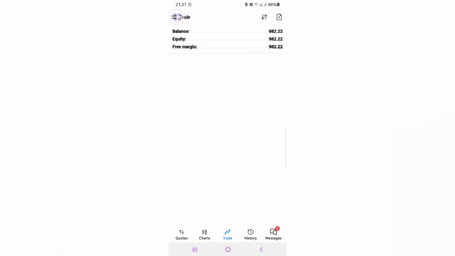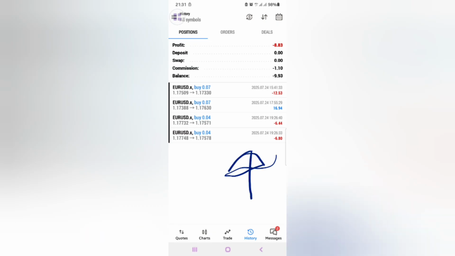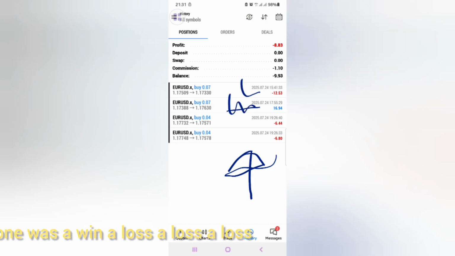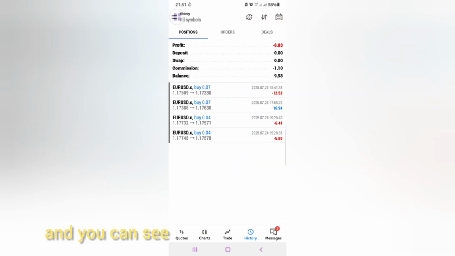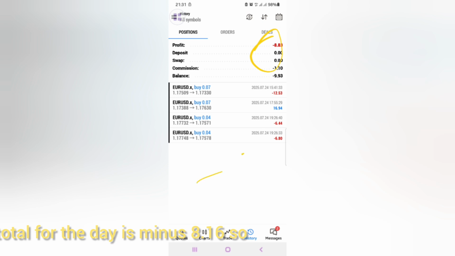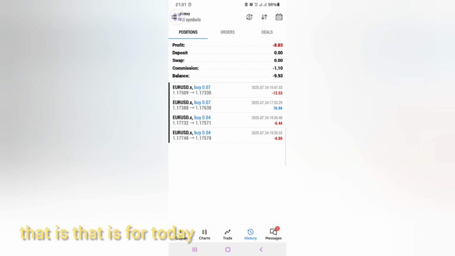So the trade history, you can see the overall trade is where this one was a win, a loss, a loss, a loss, and you can see the total for the day is minus 8.33. So that is for today.